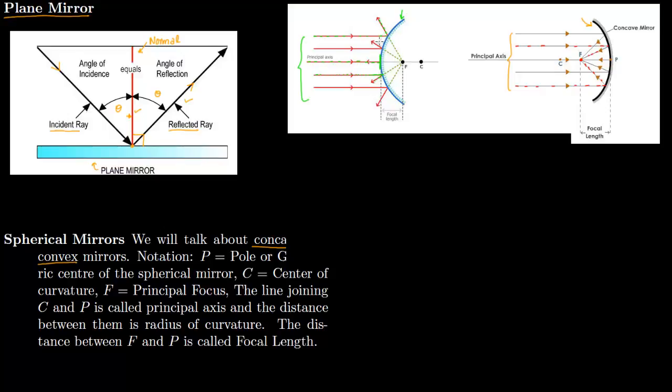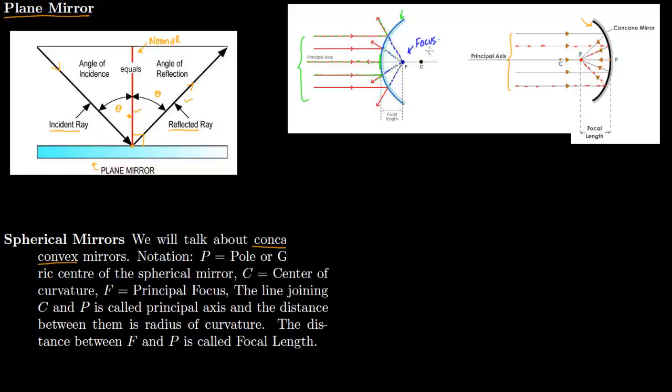Now if you trace it back, so if I try to go in the backward direction of this ray, we reach a point called the focus. So when you put a parallel beam of light on a convex mirror, this parallel beam of light diverges, but it appears to be diverging from a point F, and this point F is called the focus.